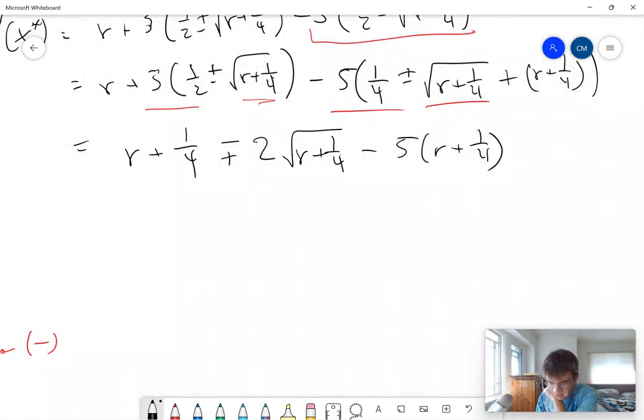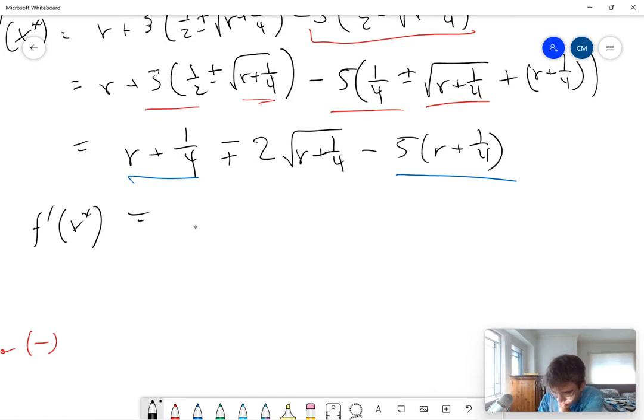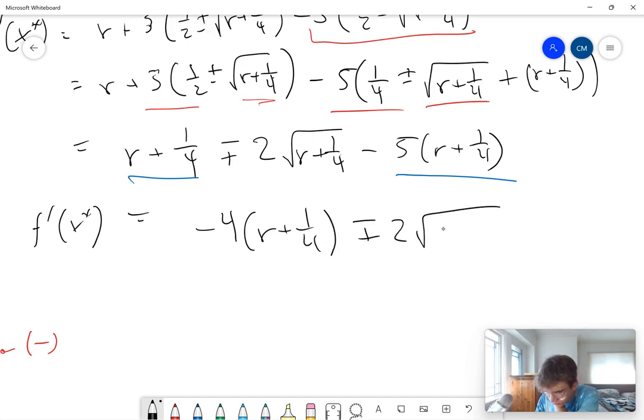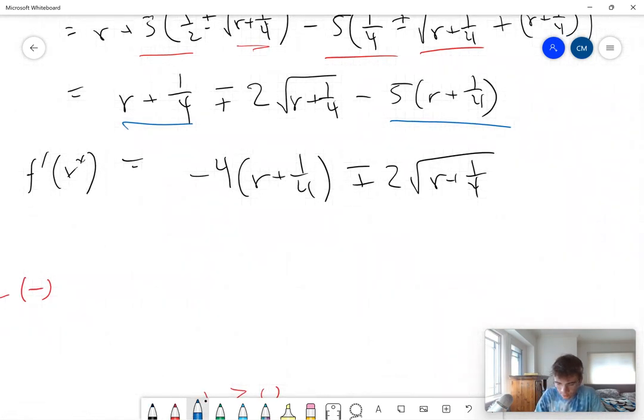So combining these r plus 1/4 terms here, we're just left with f prime at x star is precisely minus 4 r plus 1/4 minus or plus 2 root r plus 1/4. Okay. All right.